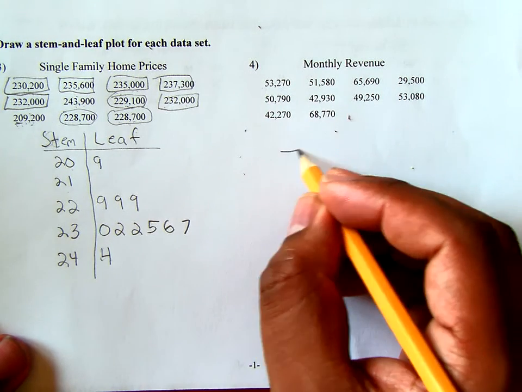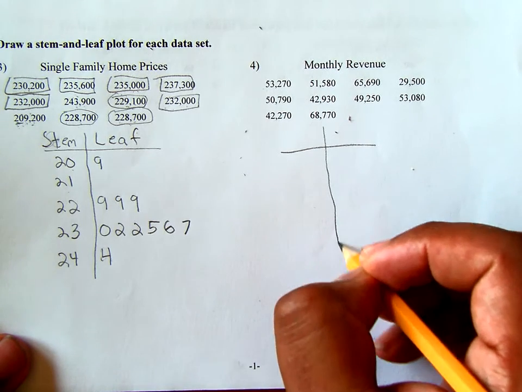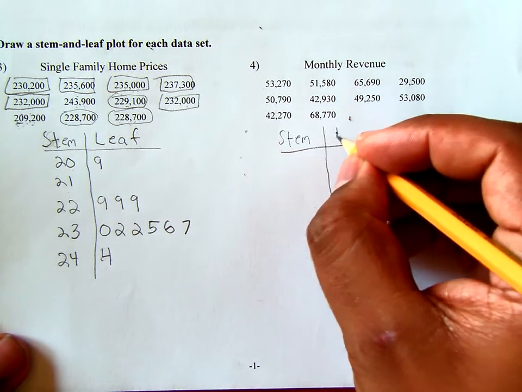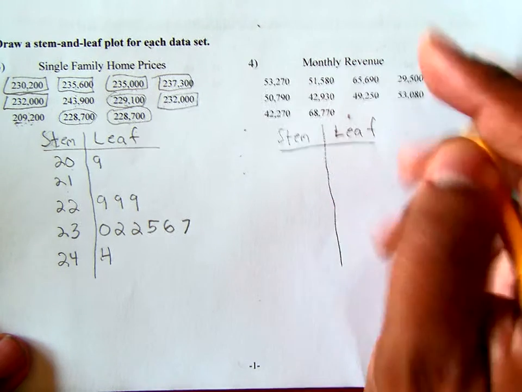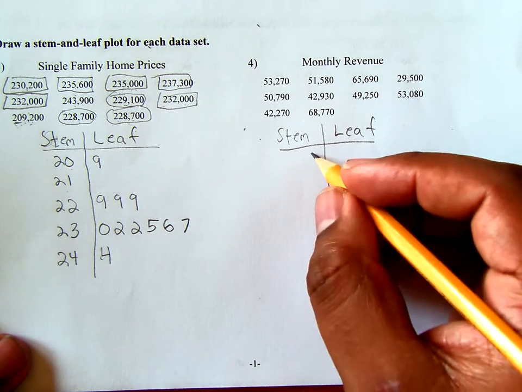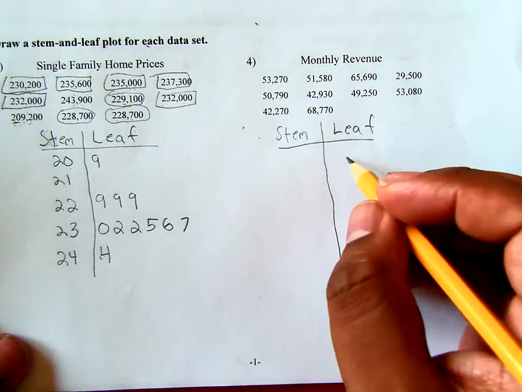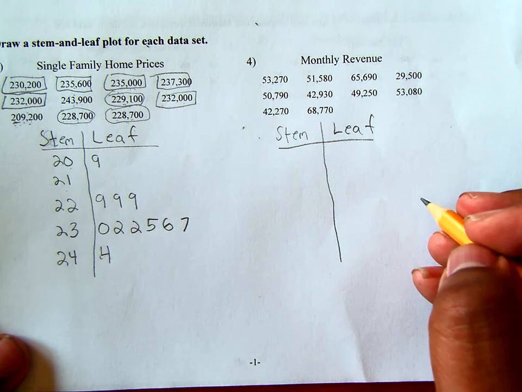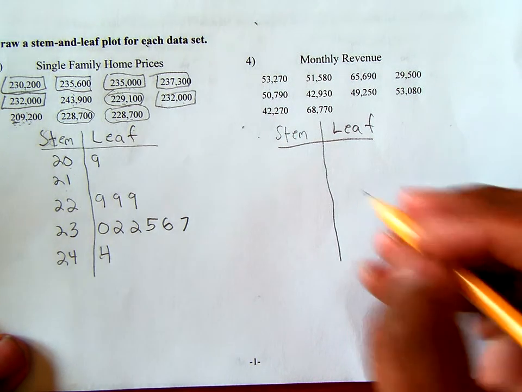So when we make our stem and leaf, we're going to have 1-digit numbers here, and we're going to take from past the comma and round that number up. So you can practice on that one.